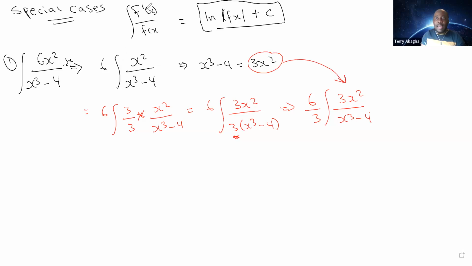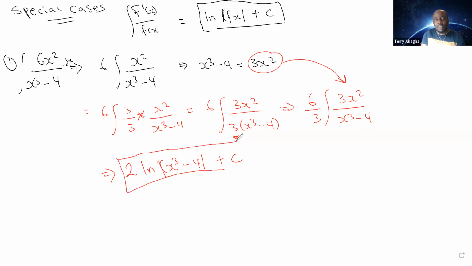So 6 divided by 3 becomes 2. Because differentiating the denominator gives me the numerator, it becomes 2 ln of x cubed minus 4, plus c. And that's the answer for that.